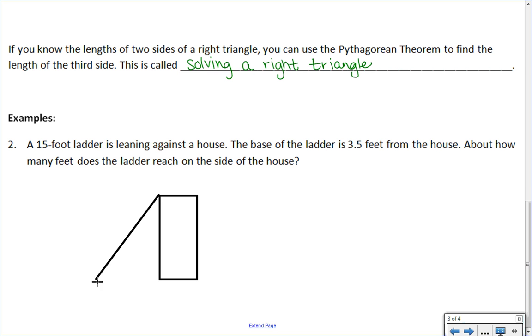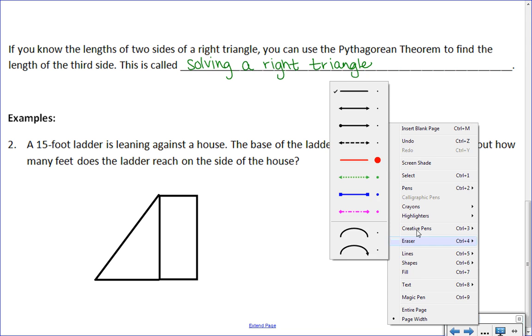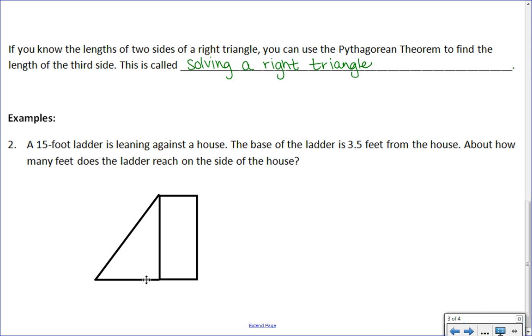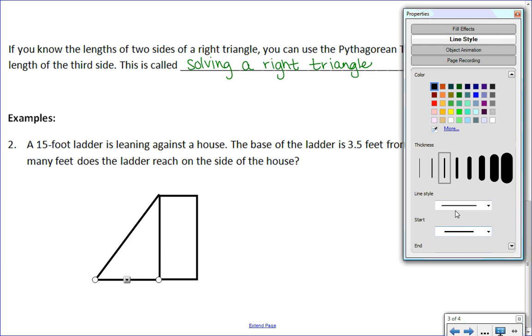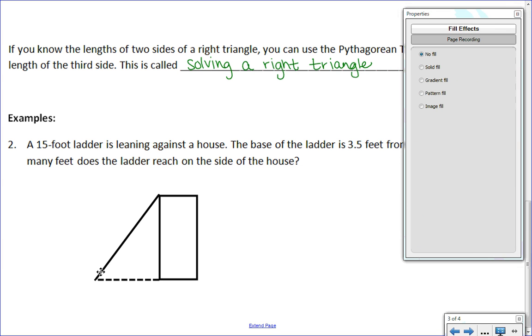And then if we connect this side to the base of the ladder, that's where our right triangle comes from. So this is the ladder, this is the house.